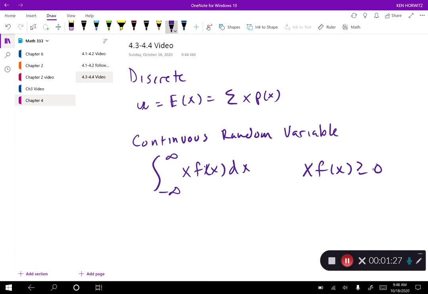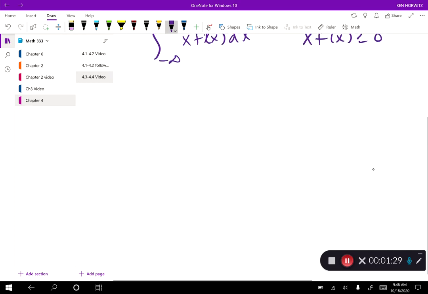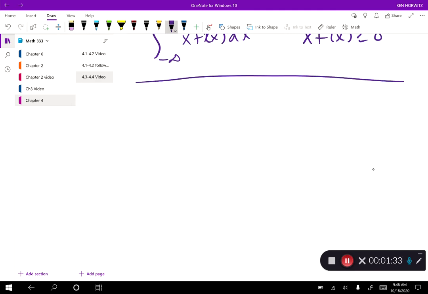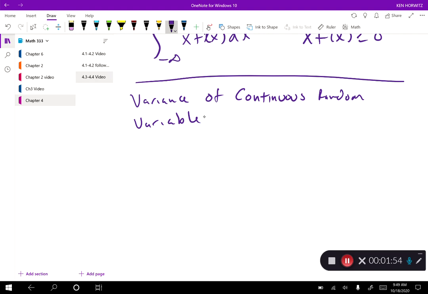All right, so for the variance of a continuous random variable, we have yet another formula.